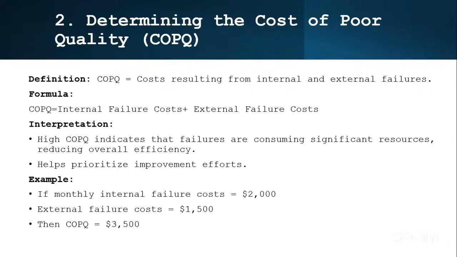An example is, if monthly internal failure costs are equivalent to $2,000, and your external failure cost is equivalent to $1,500, then your cost of poor quality is $3,500. I said it's a summation of internal and external failure costs.